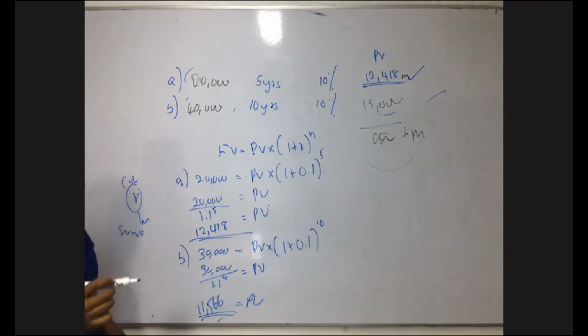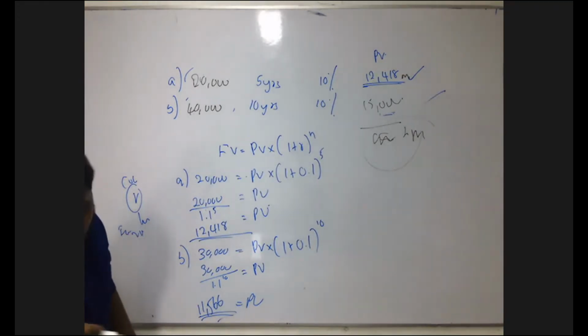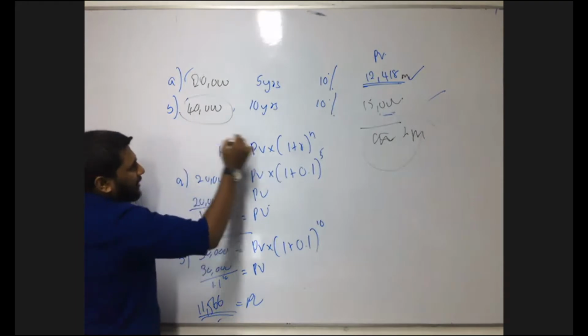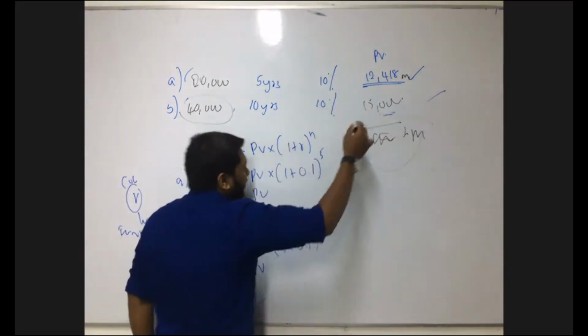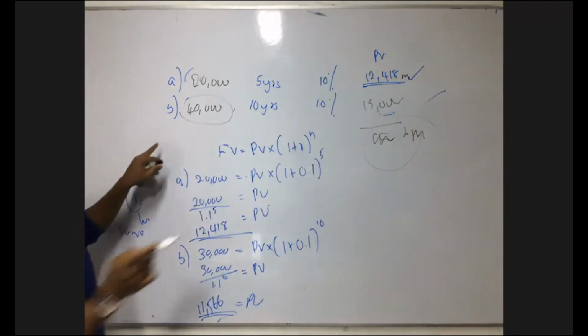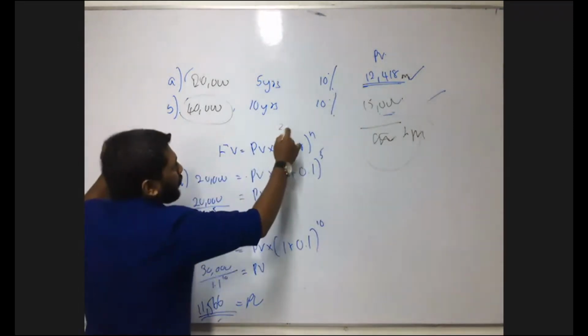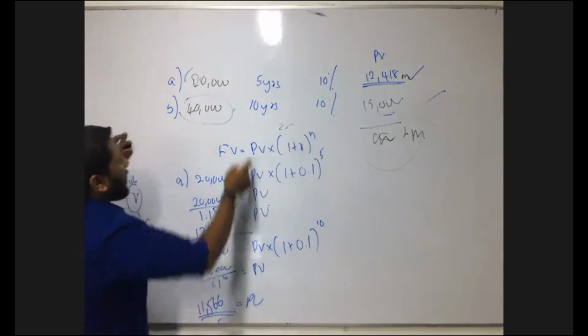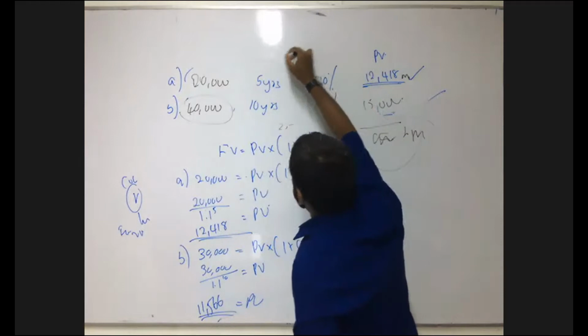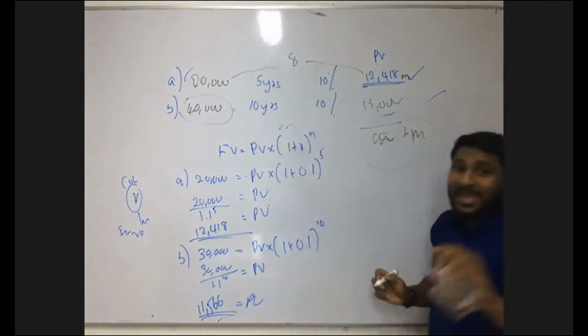Now here, see, according to what Arjun is telling, the 40,000 value has been reduced to 15,000 in option B. That means it has reduced by 25,000. But in option A, the value has reduced by only 8,000.